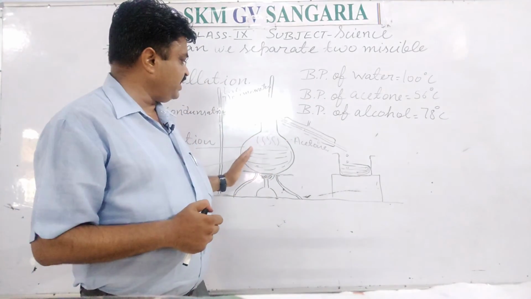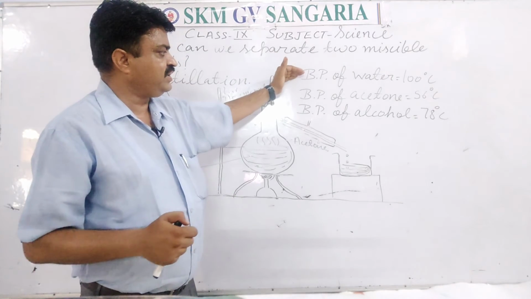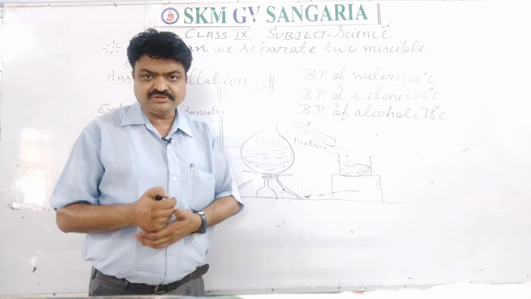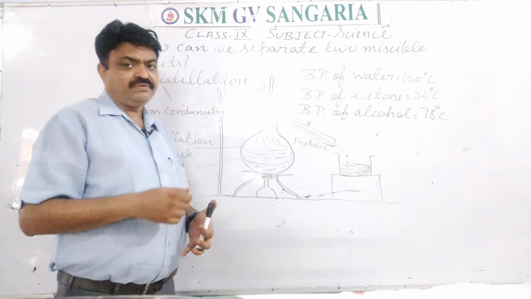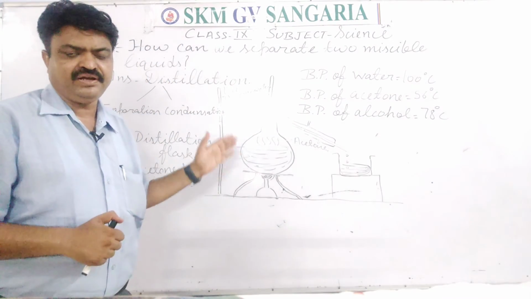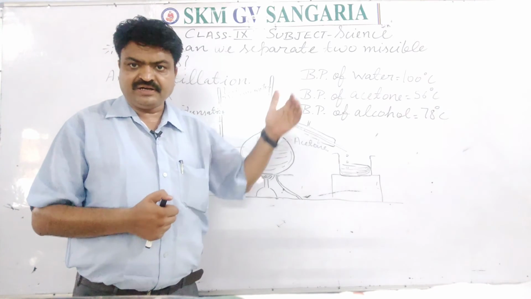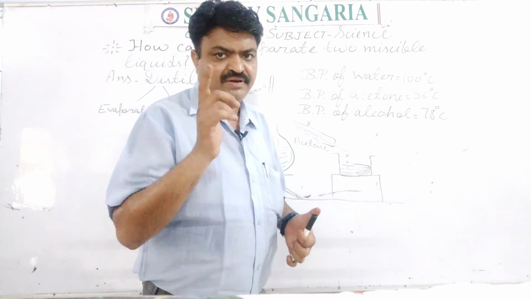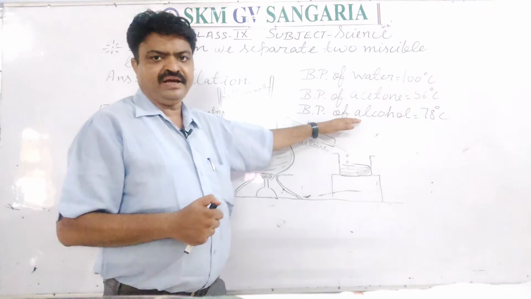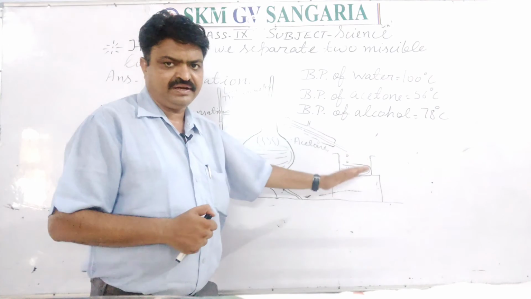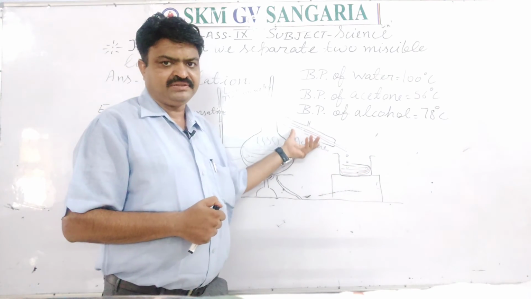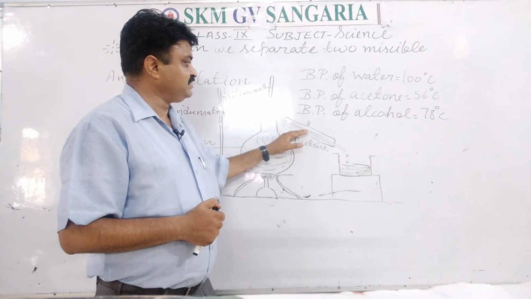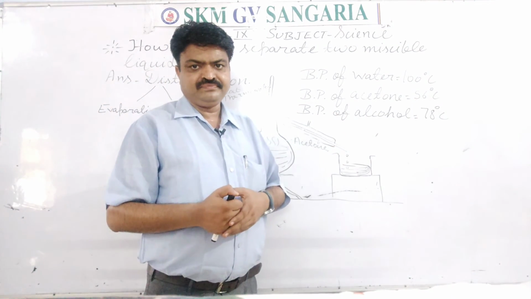Like this we can also separate water from alcohol or alcohol from water, because alcohol has what boiling point, students? It is 78 degrees Celsius, and water has 100 degrees Celsius. So the first liquid that will evaporate is alcohol, and we will collect that alcohol first with the help of the condenser, because the condenser condenses the gas into liquid.